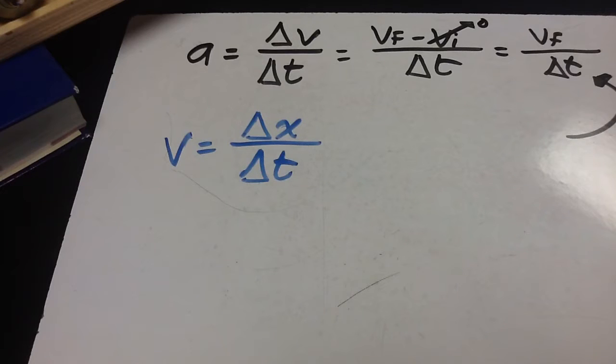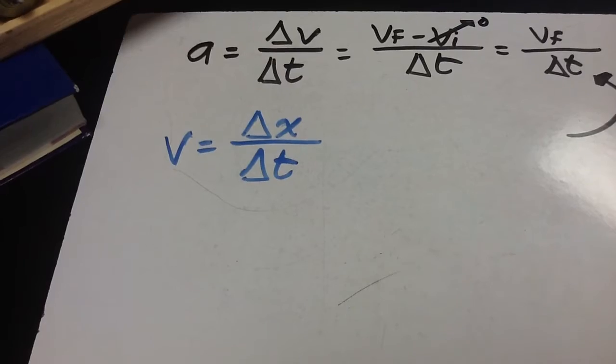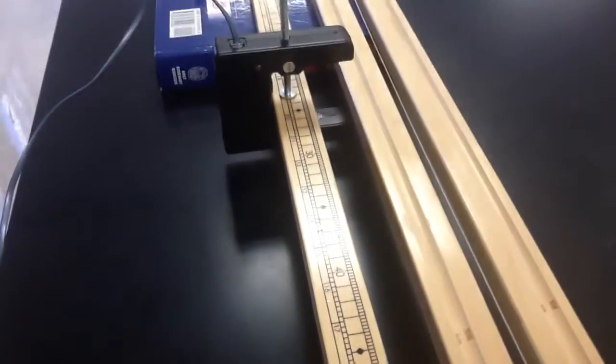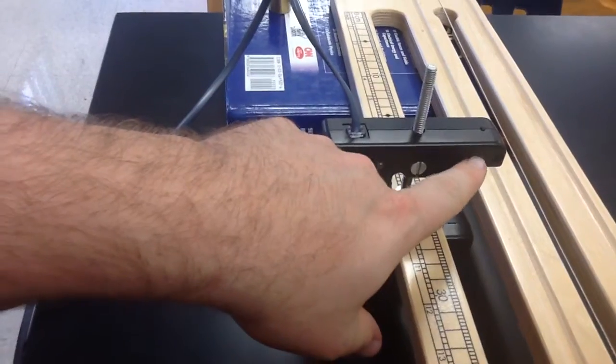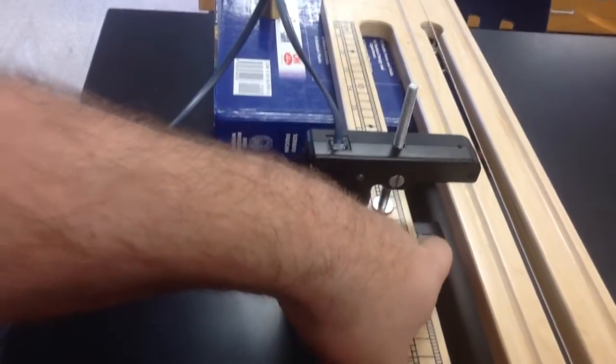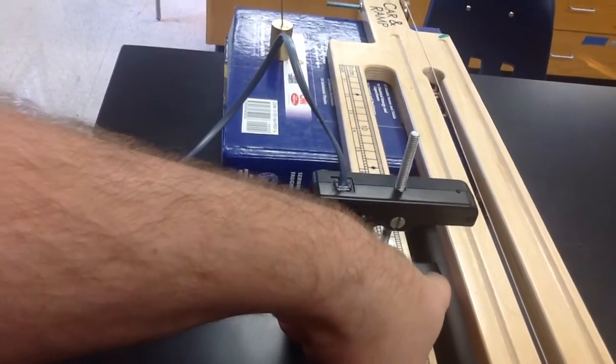So we need a way to measure a very, very small amount of time and a very, very small displacement for the cart when it gets close to the end of the track. The tool that we're going to use to do that is referred to as a Photogate. It's basically just two arms that go over the track, and there's a tiny beam of light that goes from one end to the other.